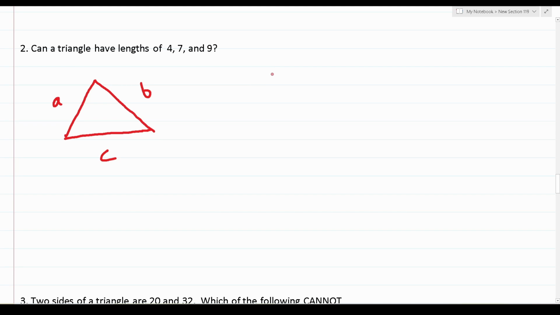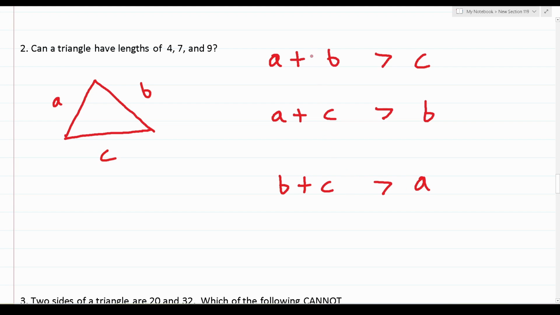In other words, A plus B has to be greater than C. A plus C has to be greater than B. And B plus C has to be greater than A. If these three conditions are met, then you have a triangle. If any of these conditions fail, you do not have a triangle.